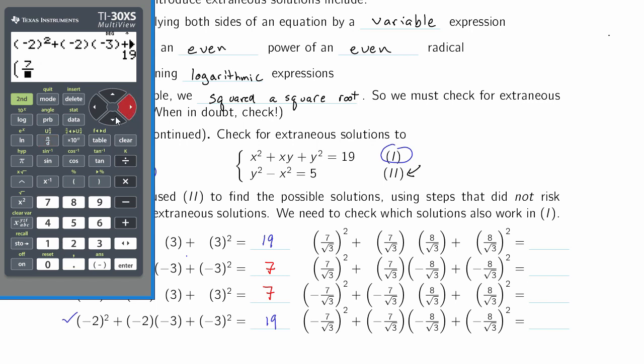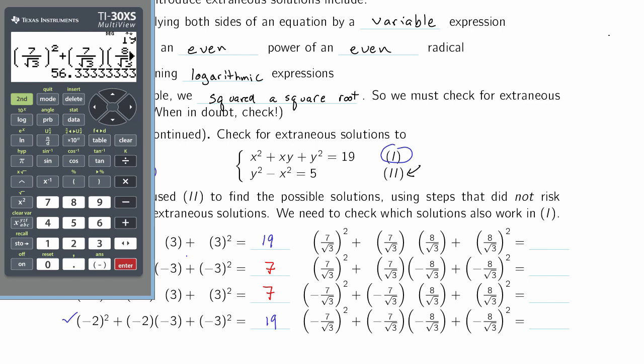Let's see, 7 over root 3 squared plus 7 over root 3 times 8 over root 3 plus 8 over root 3 squared. That looks like 56 1/3.